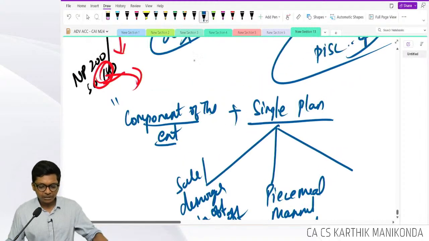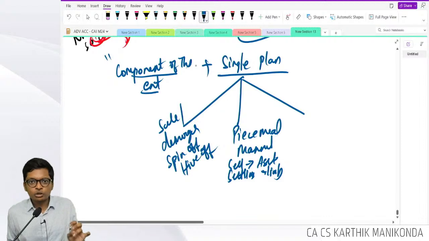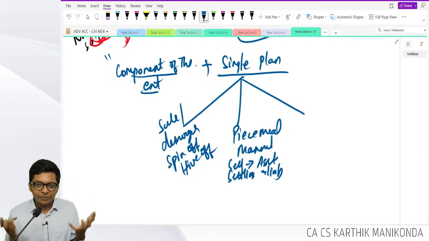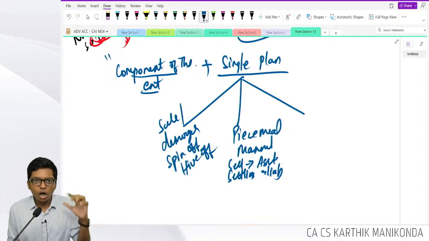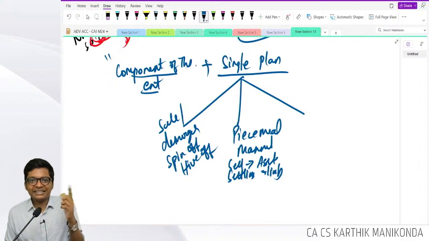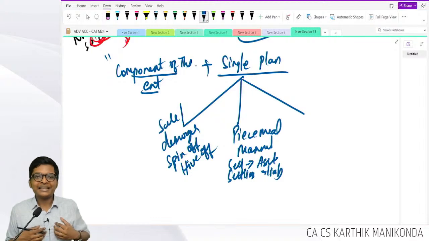So it's simple. Discontinuing operation is a component of the enterprise that the entity pursuant to a single plan does the sale, demerger, spin-off or hive-off of the entire component, or it sells the assets in a piecemeal manner and settles the liabilities individually, or cycle is there.